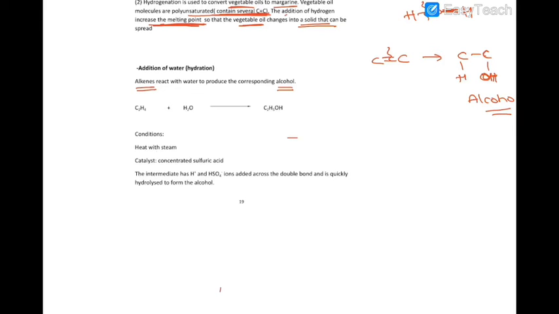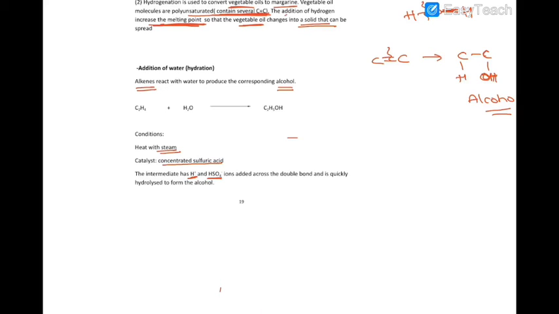The conditions are steam, and the catalyst is concentrated sulfuric acid, which produces H plus and HSO4 minus intermediates. These ions will add across the double bond first, and hence will make it easy for the OH to fit in.